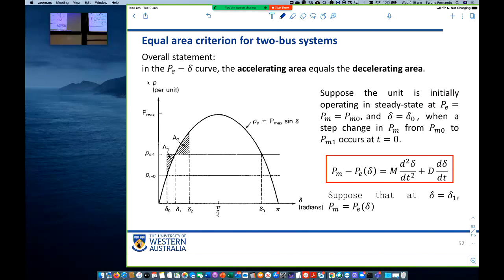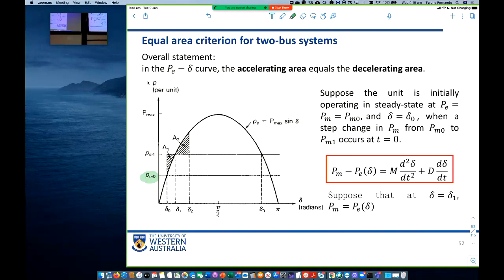Initially, we have a certain load. So the load is PM0, the mechanical power, and it's supplying some electrical load.